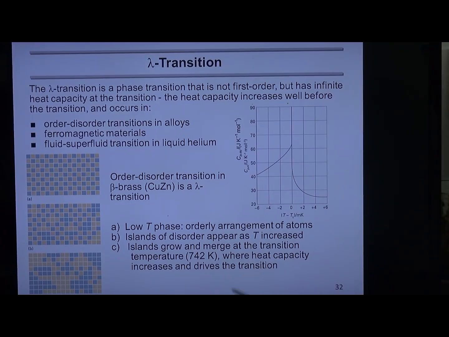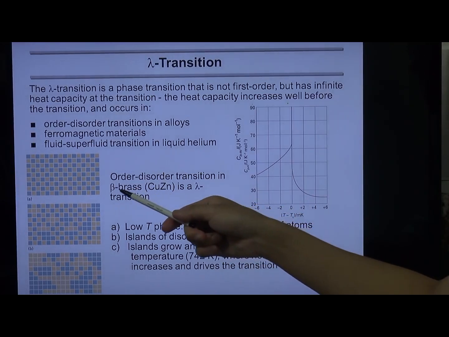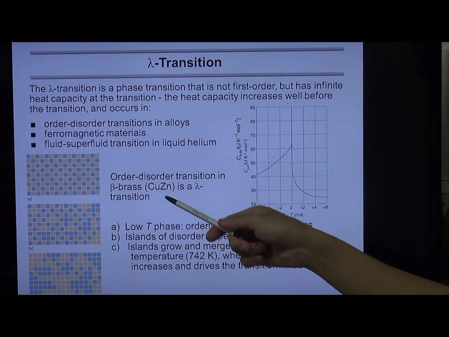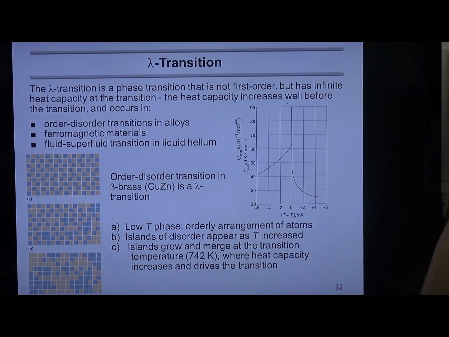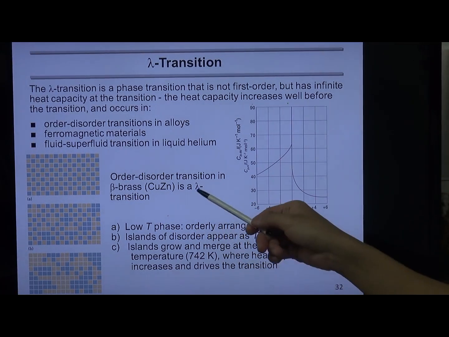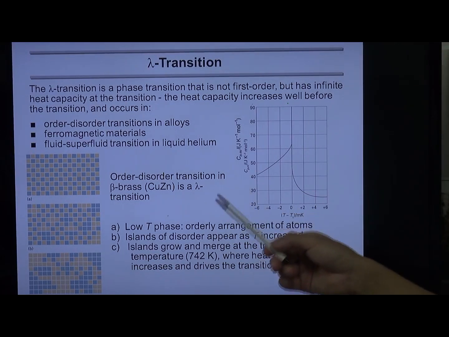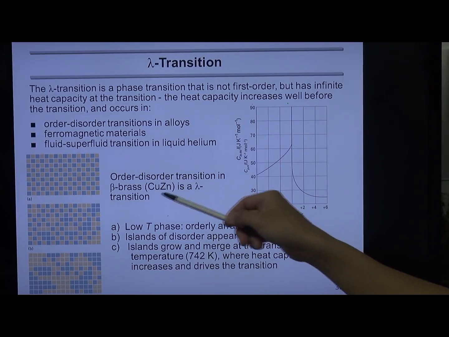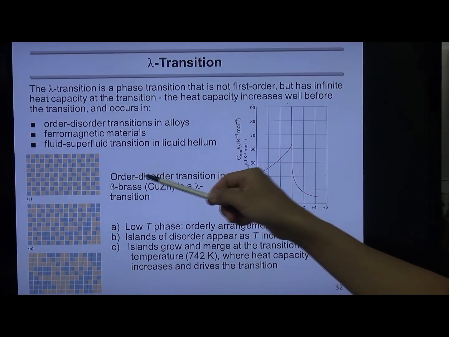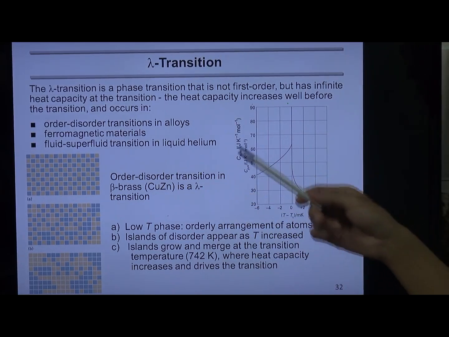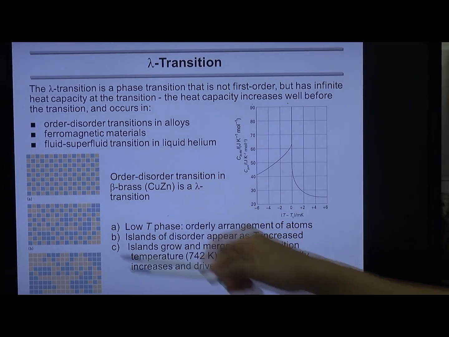For example, the order disorder transition in beta brass, copper and zinc, is a lambda transition. Okay. For example, at a certain temperature, this alloy has an order disorder transition. At low temperature, they are ordered like this.